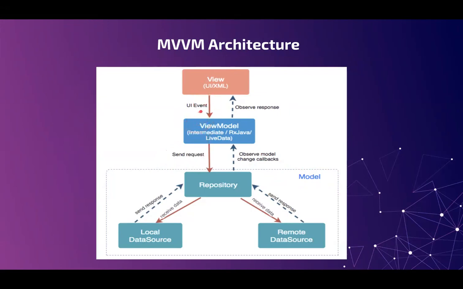There can be UI events which won't trigger any repository, but I'm talking about a common flow where any UI event comes in, the view model can interact with the model, and the model will receive data either from the local storage or from the remote storage. So they will trigger these events which are shown in this arrow.